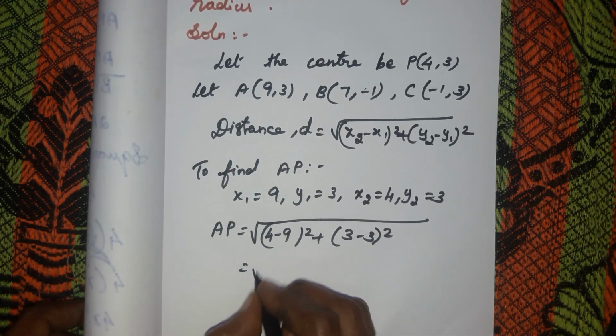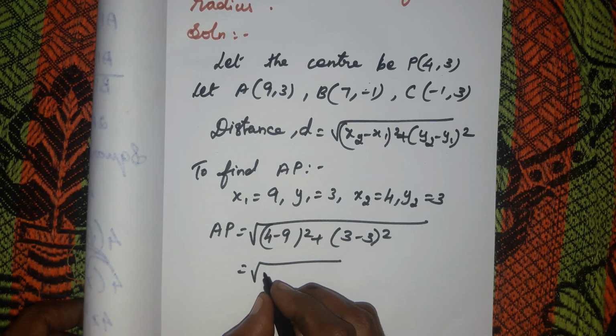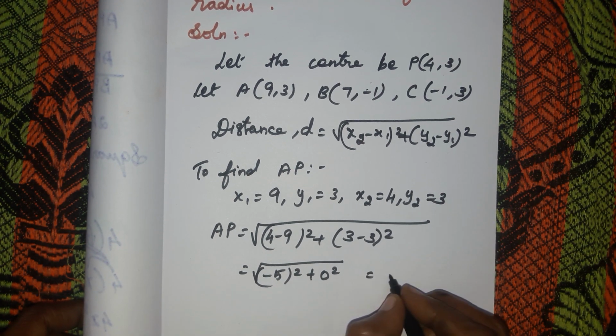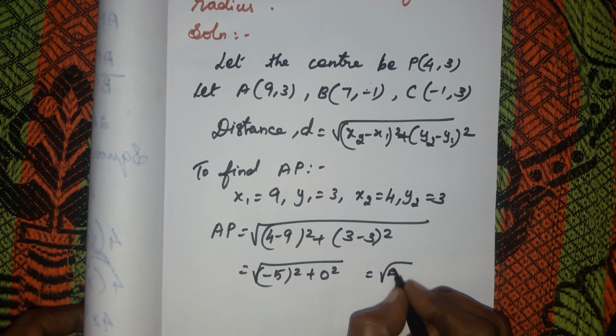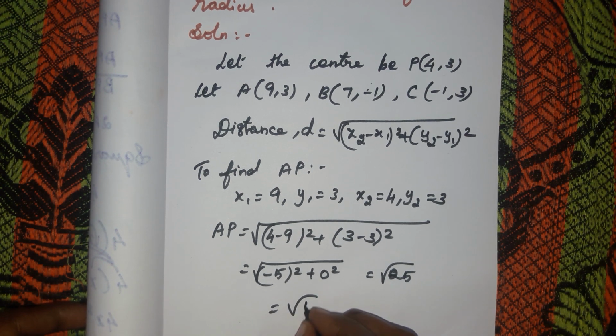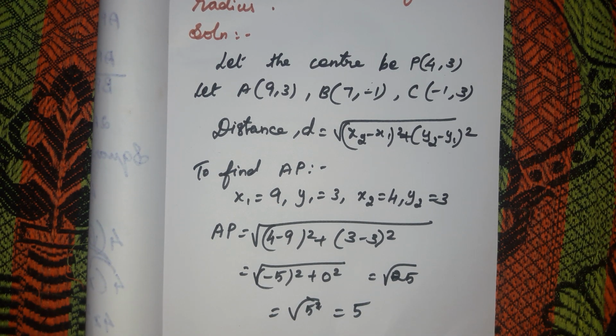It's equal to root of (minus 5) the whole square plus 0 square, which is root of 25 plus 0, equal to root of 5 square, equal to 5. AP is equal to 5.